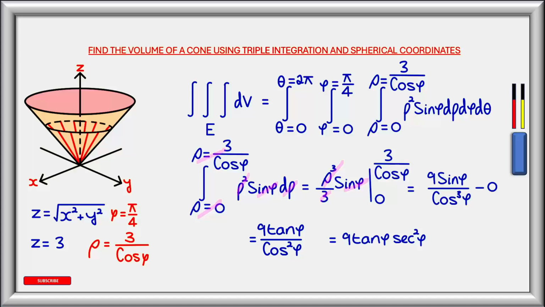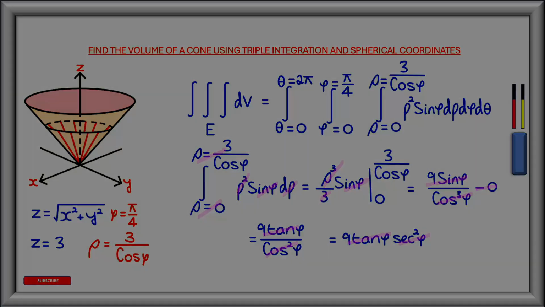And if we plug in the limits of integration, we have 9 multiplied by sine phi divided by cos cubed phi minus 0. And simplifying this gives us 9 multiplied by tan phi divided by cos squared phi, which is equal to 9 multiplied by tan phi multiplied by secant squared phi.